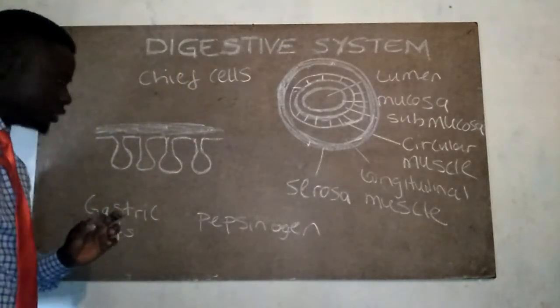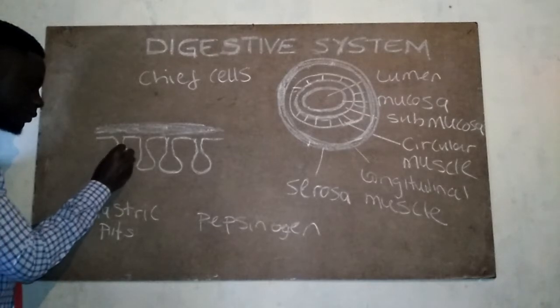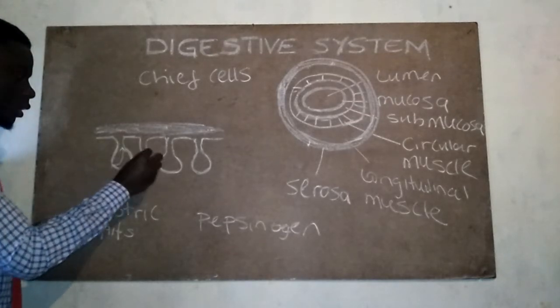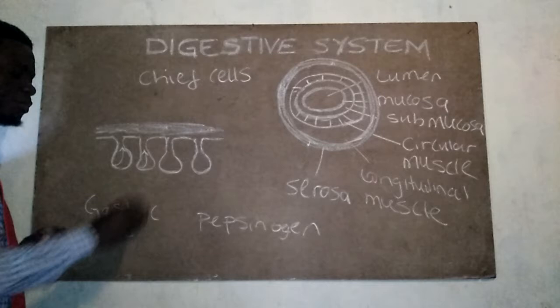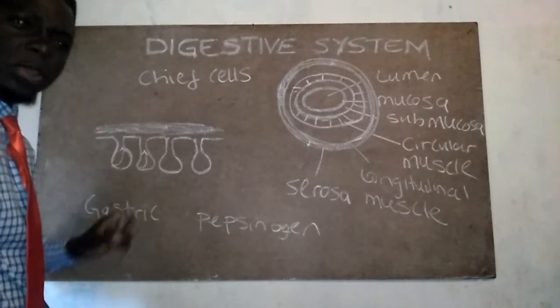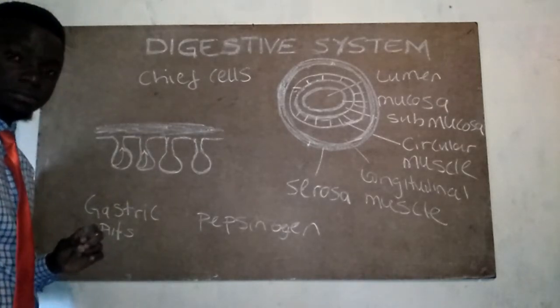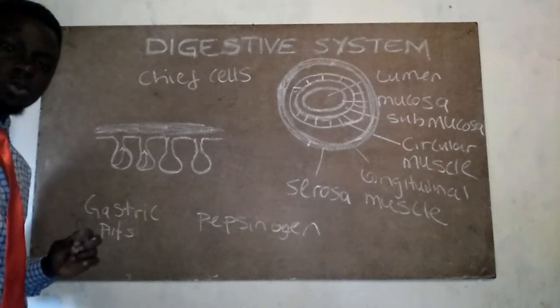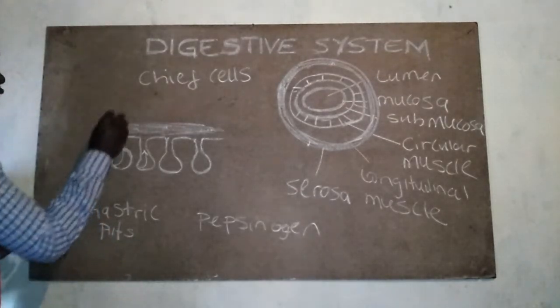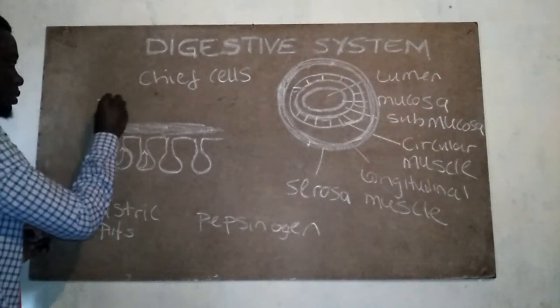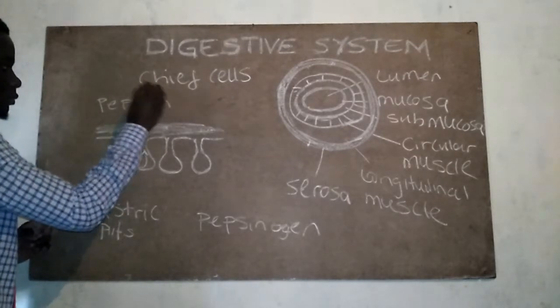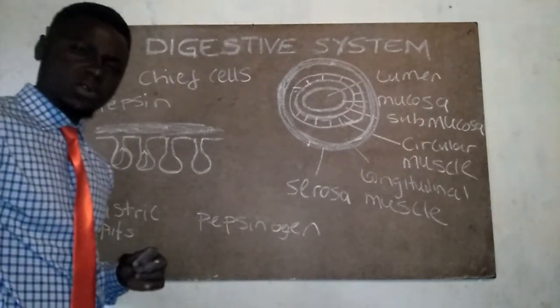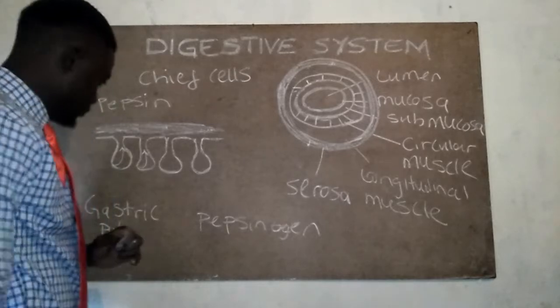All of these cells are going to be producing pepsinogen, and once it's in the lumen of the stomach or the GIT, it's going to be converted to pepsin. So once it reaches here, it's going to be pepsin. And pepsin is important for this process of digestion.